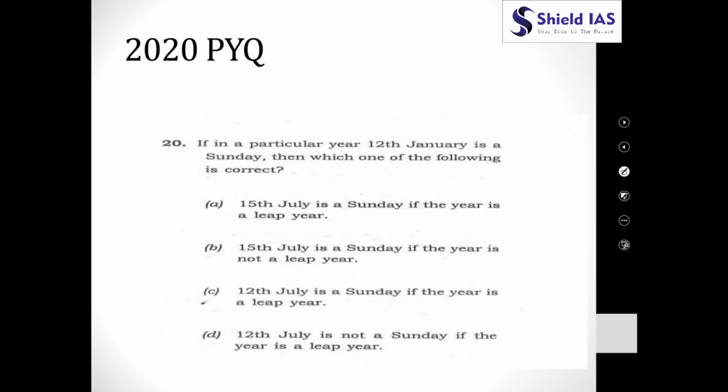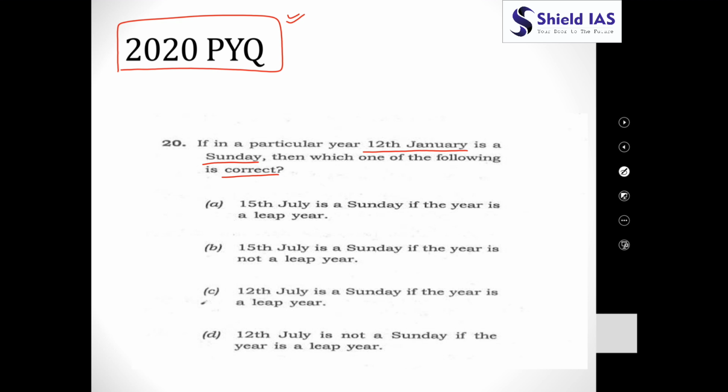Okay. So now this is the PYQ of 2020. If in a particular year 12th January is a Sunday, then which one of the following is correct? It has not been described whether the year is a leap year or not, so we will see the options.